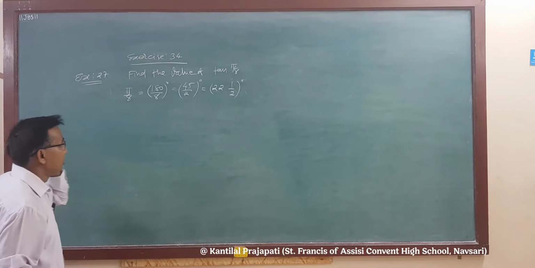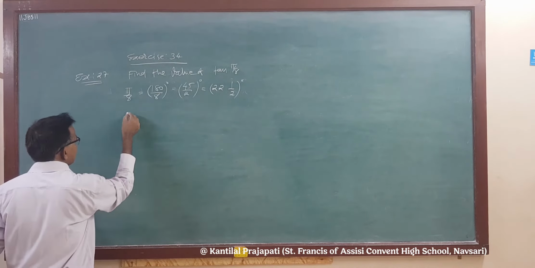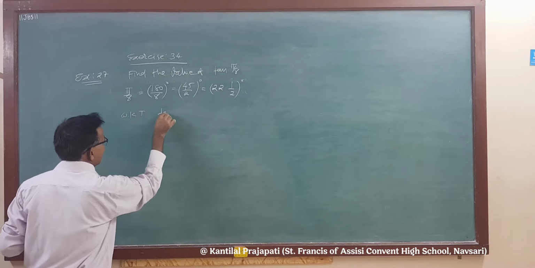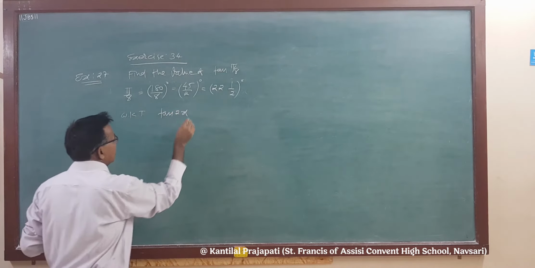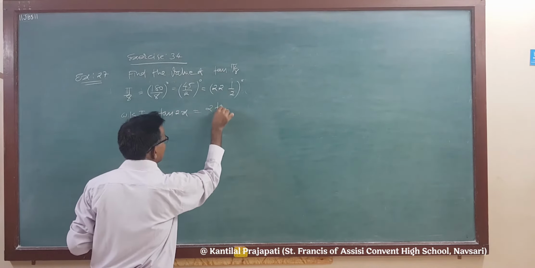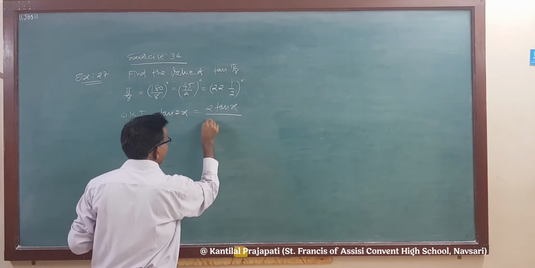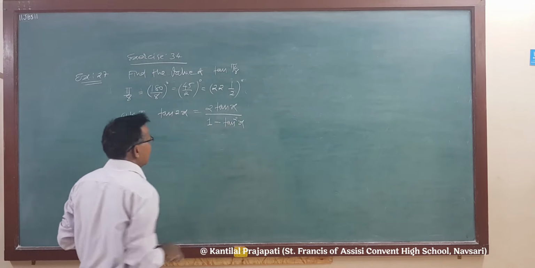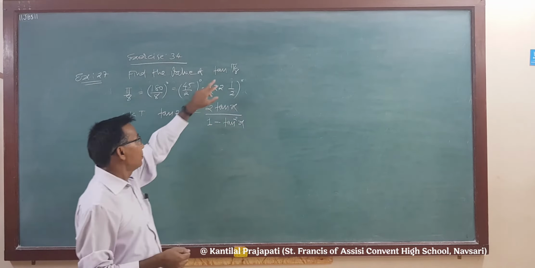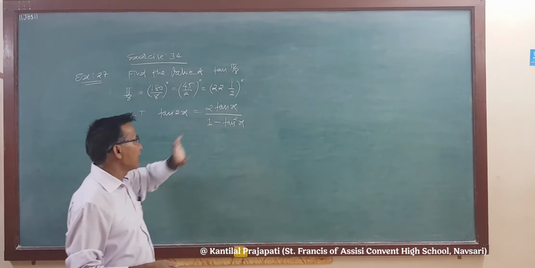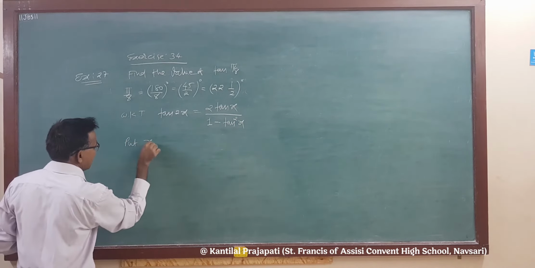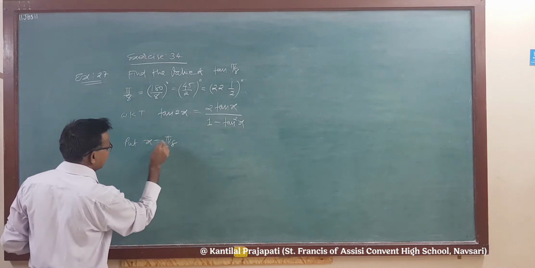Remember this. Now we know that we have already derived this formula: tan 2x is equal to 2 tan x upon 1 minus tan square x. We have to derive the value of tan pi by 8. Put x is equal to pi by 8 in this formula.